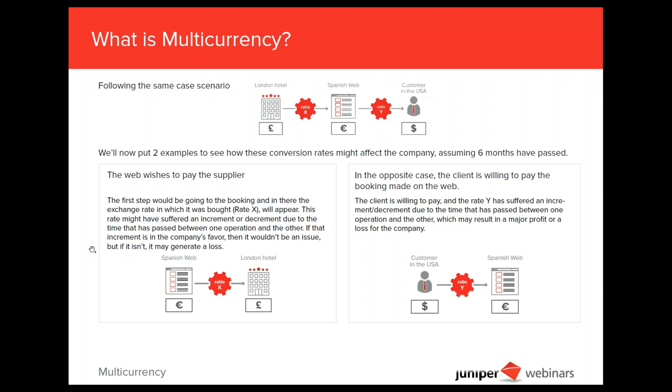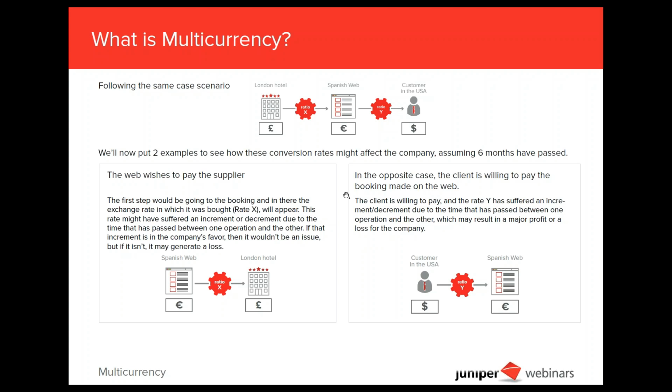This rate might have suffered an increment or a decrement due to the time that has passed between one operation and the other. As we mentioned before, in this example, it's 6 months. If this increment is in the company's favor, then it wouldn't be an issue, but if it isn't, then it might generate a loss.